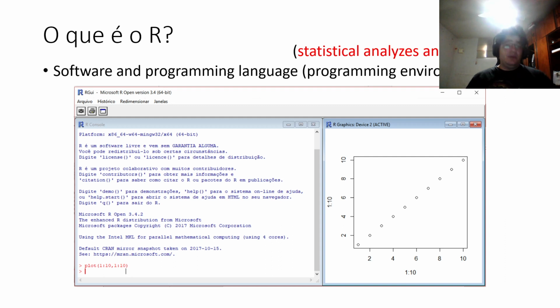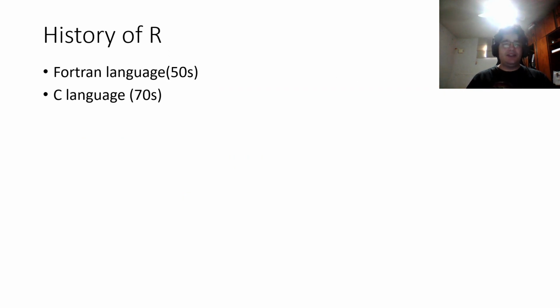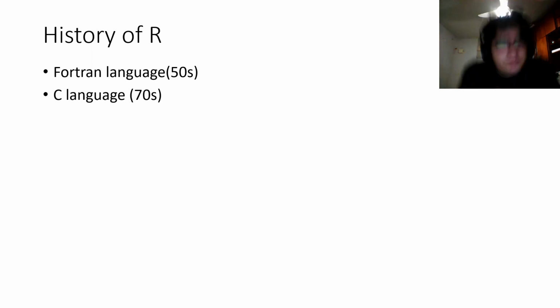So what do you use R for? We use it to do statistical analysis and graphs. And if you're an adventurer, you can make games. I promise that I will show you a game that I made in R. So pay attention.